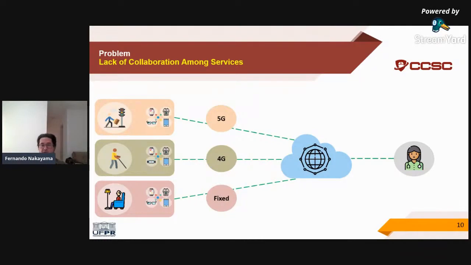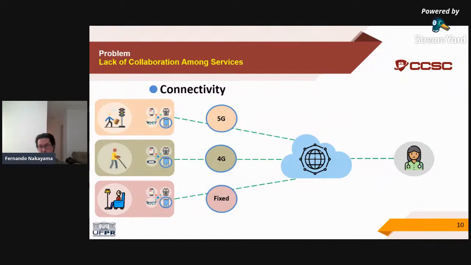Another problem considering the IOHT environment is the lack of collaboration among the services. So considering the previous example, where 3 levels of services are identifiable, the sensing services comprise the IOHT devices and the collected data by those devices. The connectivity services comprise the communication among the sensing devices and also the communication with the internet gateway.